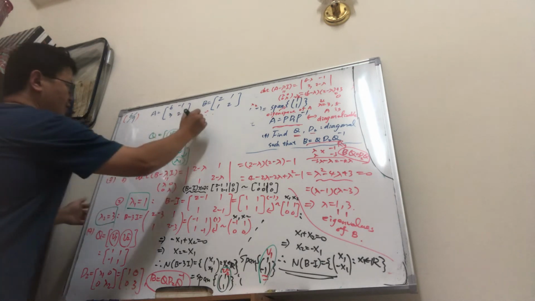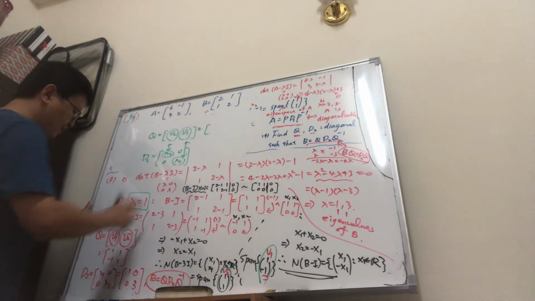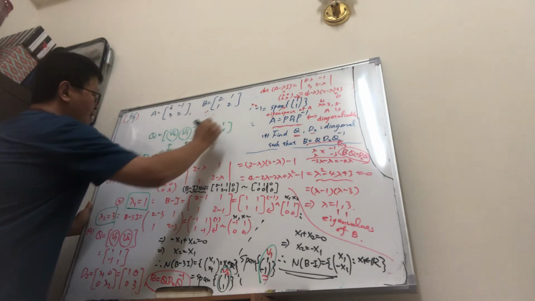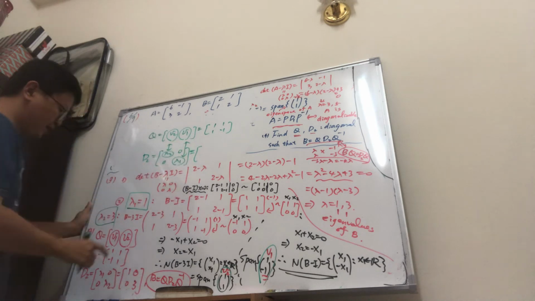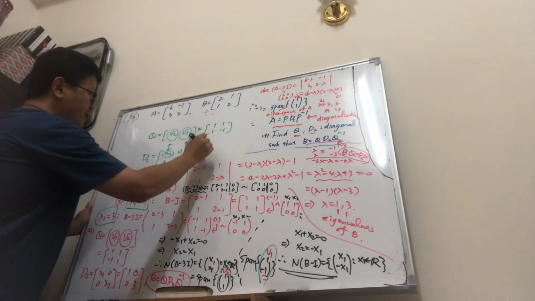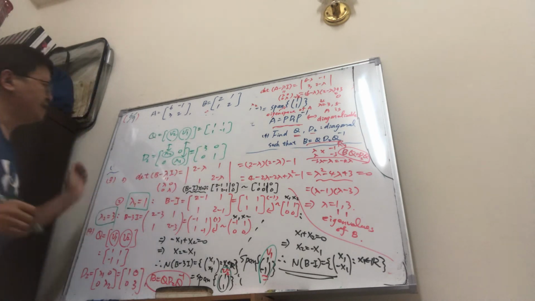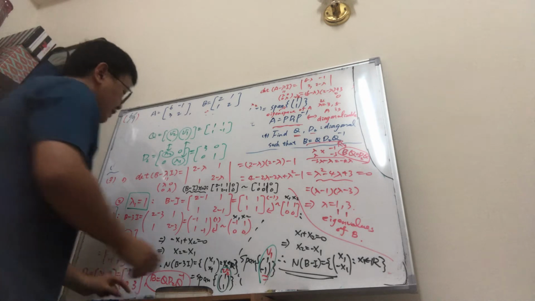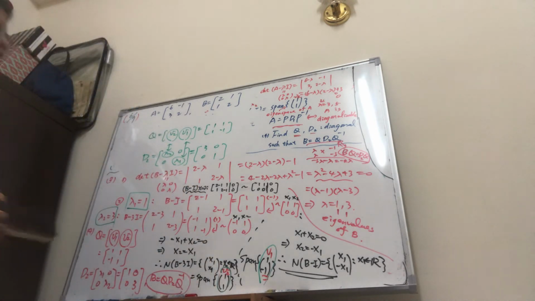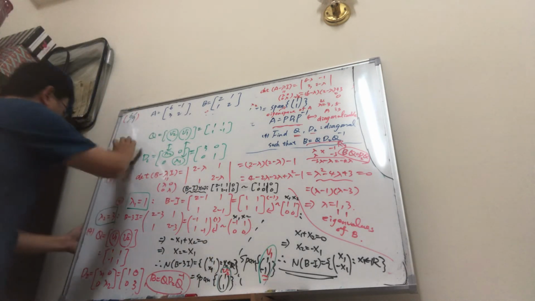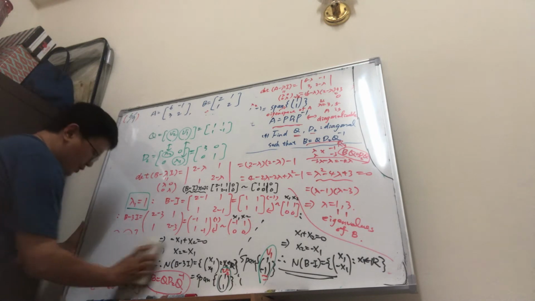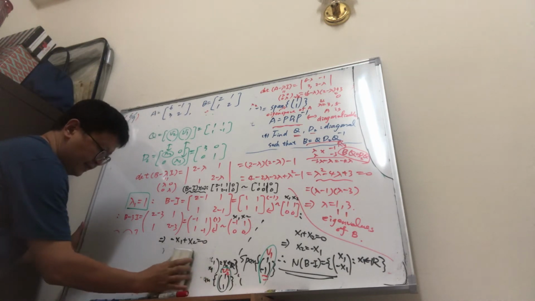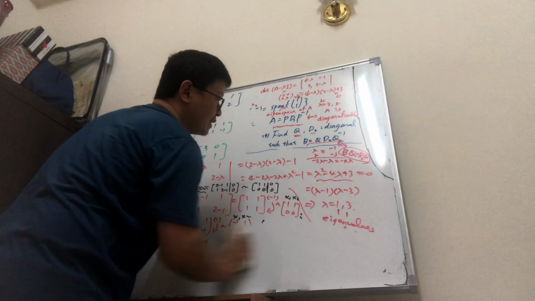So if you choose Q as the matrix (1, 1; 1, negative 1), then its corresponding diagonal matrix is (3, 0; 0, 1). Okay, so that's the first question in linear algebra. Now let's see the second question.